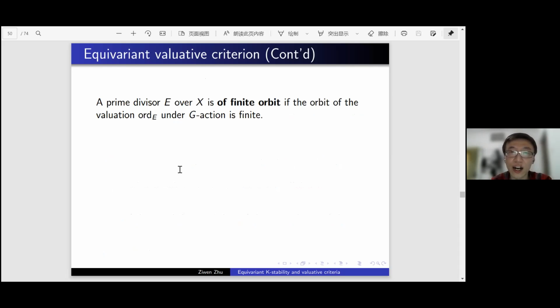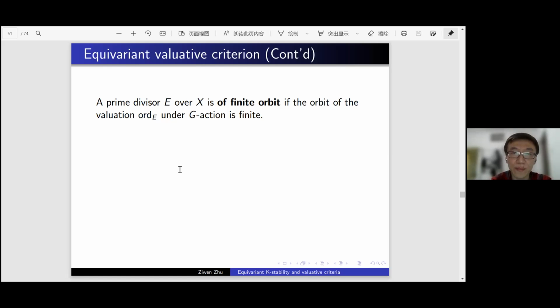Because we are looking at prime divisors inducing test configurations, we have this technical assumption where we consider divisors of finite orbit, which correspond to equivariant test configurations. We call the divisor finite orbit if the action of the group on the valuation is finite, so we have only finitely many valuations under the G action.